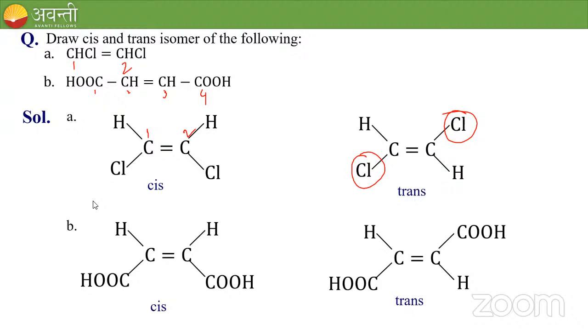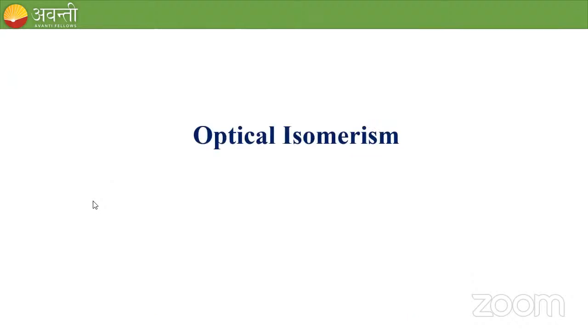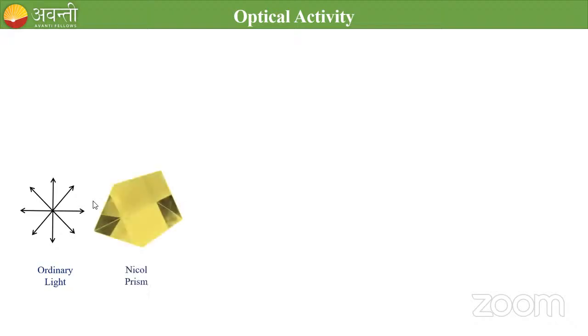The next isomerism is optical isomerism. Let us discuss optical activity first, and then we will discuss what optical isomerism is. So what is optical activity? Let me take an ordinary light, and I'm passing this ordinary light through a Nicol prism.